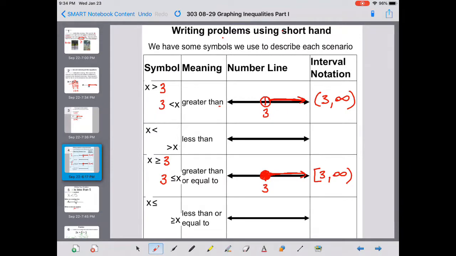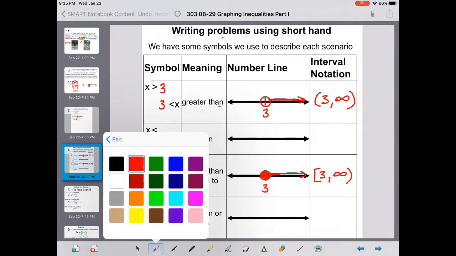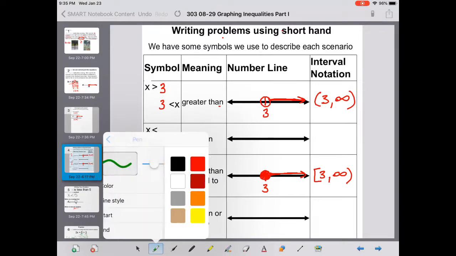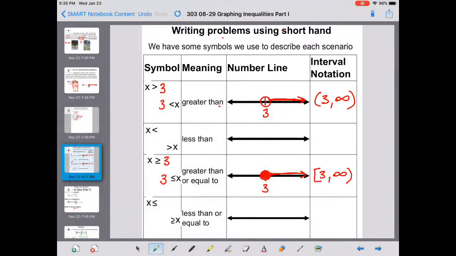But let's take a closer look at what is different about these. So we have greater than and greater than or equal to. For greater than, we have an open circle. For the equal to, we color in the circle, showing that 3 can be an answer.